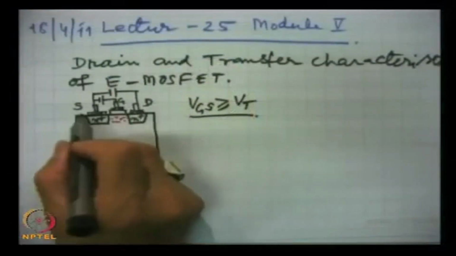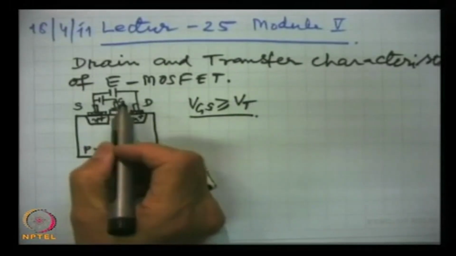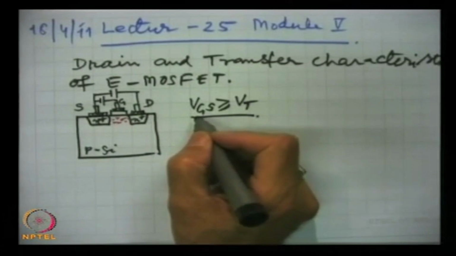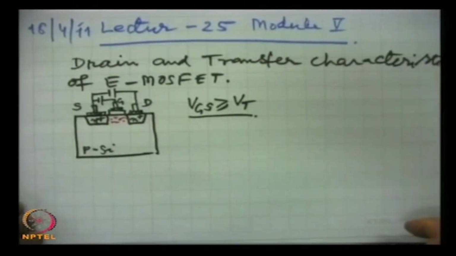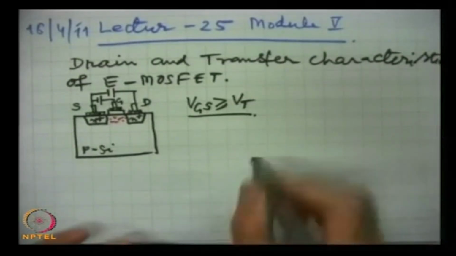Then the conduction between drain and source will occur, and this will be controlled by the voltage VGS between gate and source. So, now we are in a position to draw the characteristics.